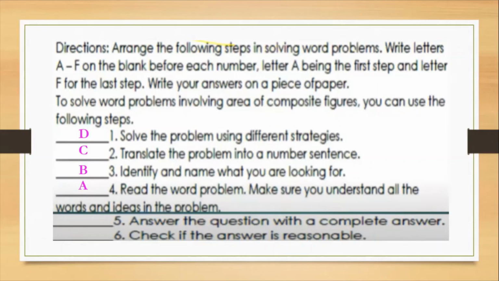And after we solve the problem, the next thing is to answer the questions with a complete answer. And lastly, don't forget to check your answer if it is reasonable. So these are the steps that we need to remember always when we are solving word problems.